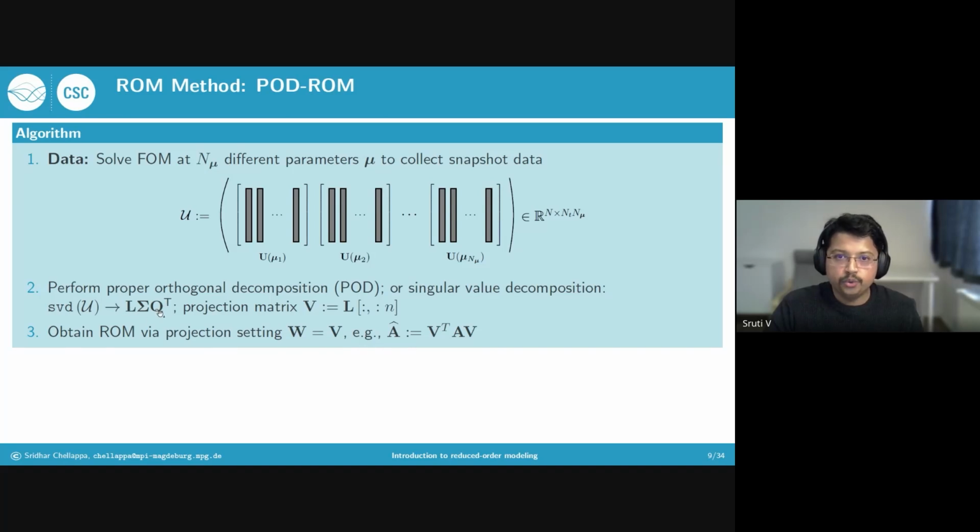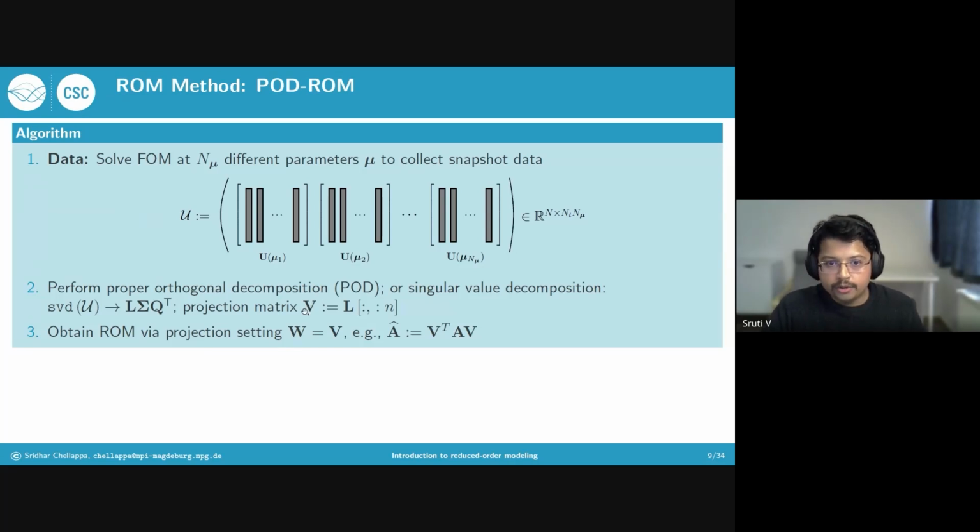So the L and the Q are the so-called left and the right singular vectors, and the sigma are the singular values. So the interpretation, at least in an intuitive sense, is that what we're doing is essentially some form of generalized eigenvalue decomposition, with L and Q denoting some eigenvectors or singular vectors, and the singular value sigma standing for products of eigenvalues. So there's a nice physical interpretation to POD.